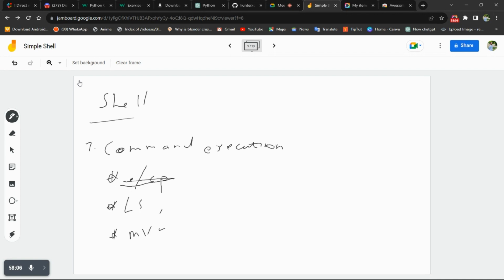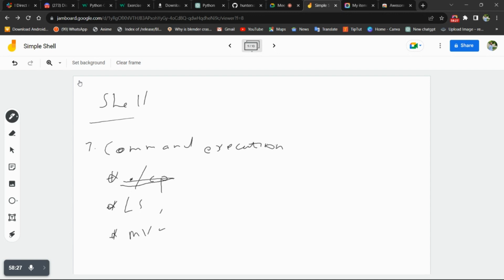So the work of the shell is command execution, but it is not responsible for the command as a program on its own. That is why it is called a bridge. It's a bridge that leads you to these executable programs.